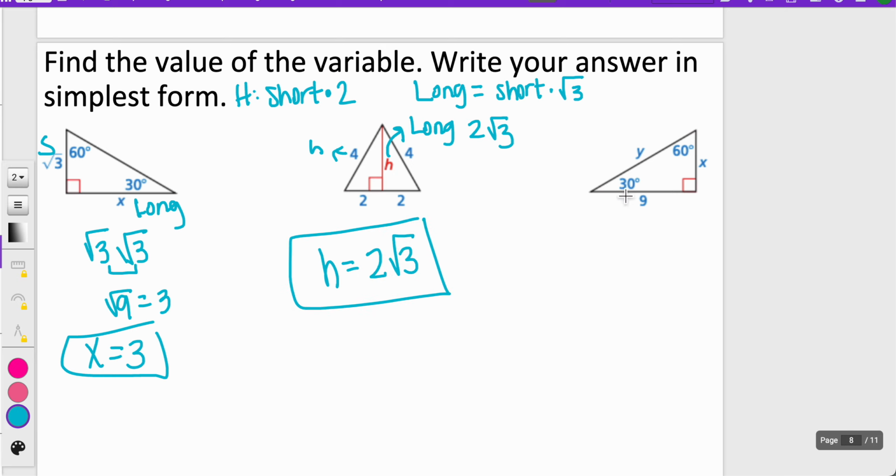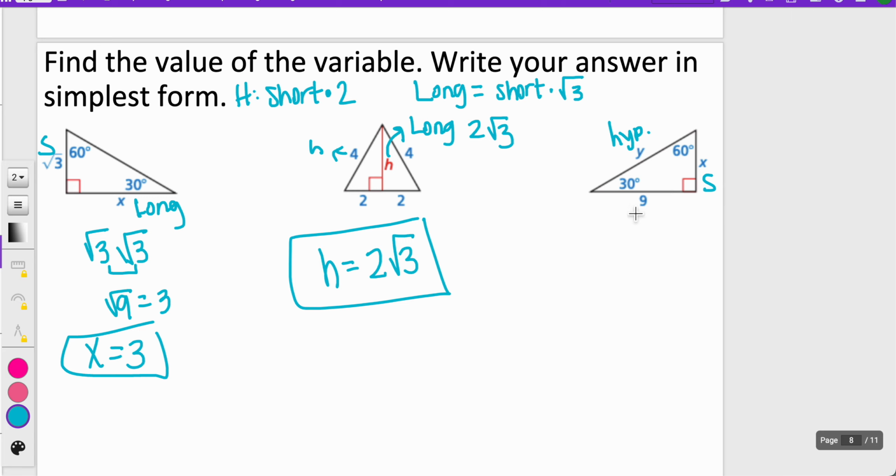Our final piece, we see our short side is letter x, and our hypotenuse is letter y. So let's talk about our short side first. Our long side is short side times square root 3.